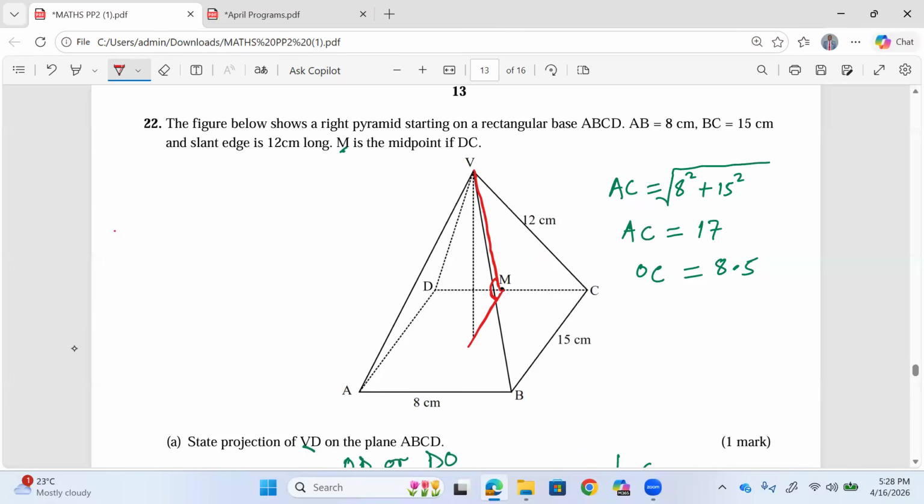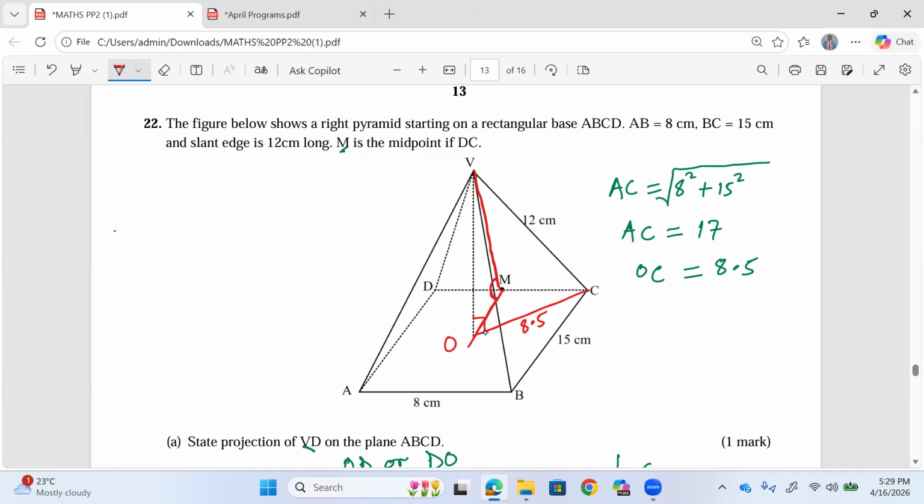Now with this, we can try to find the angle, and it becomes very easy. From point O, the length up to C is known, that is 8.5 centimeters, and 12 is also known.